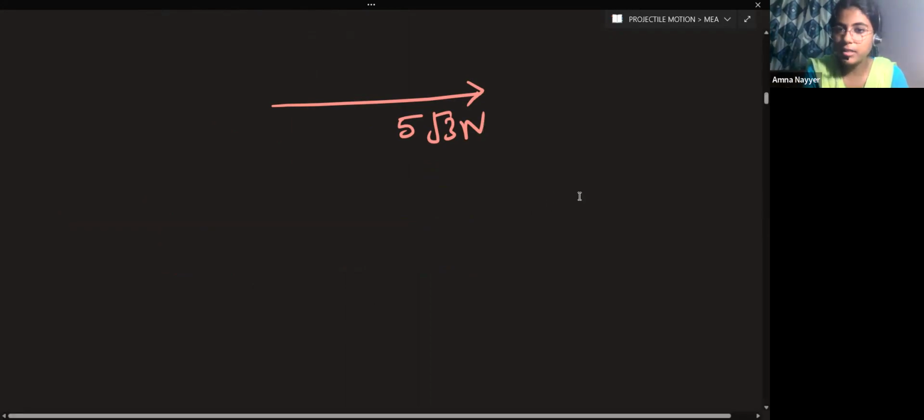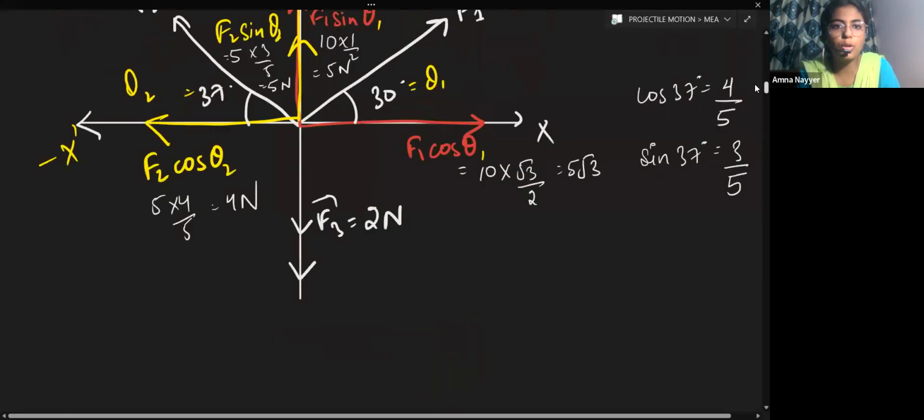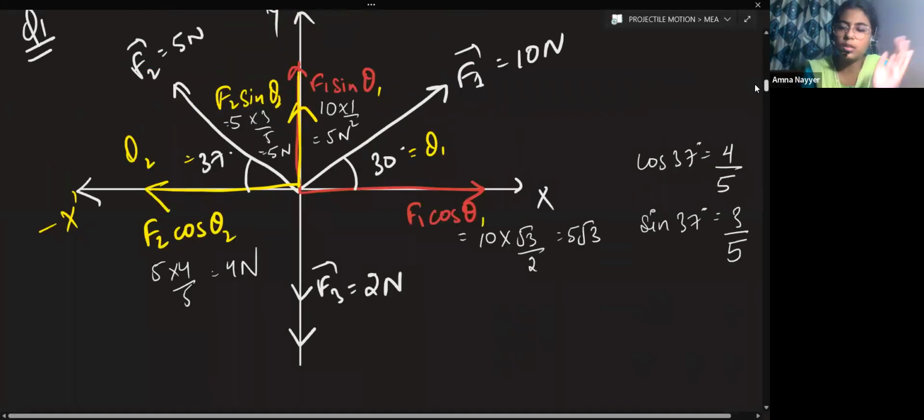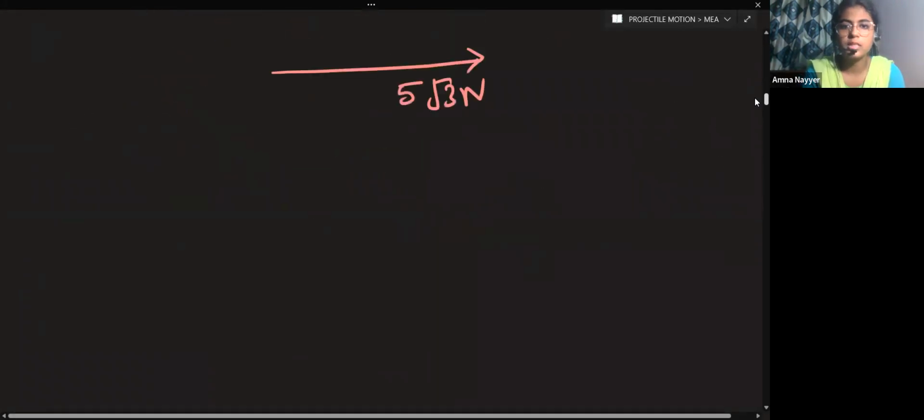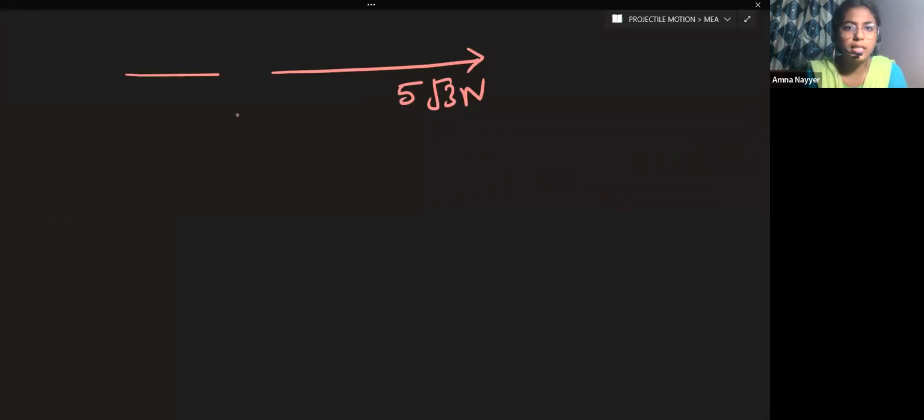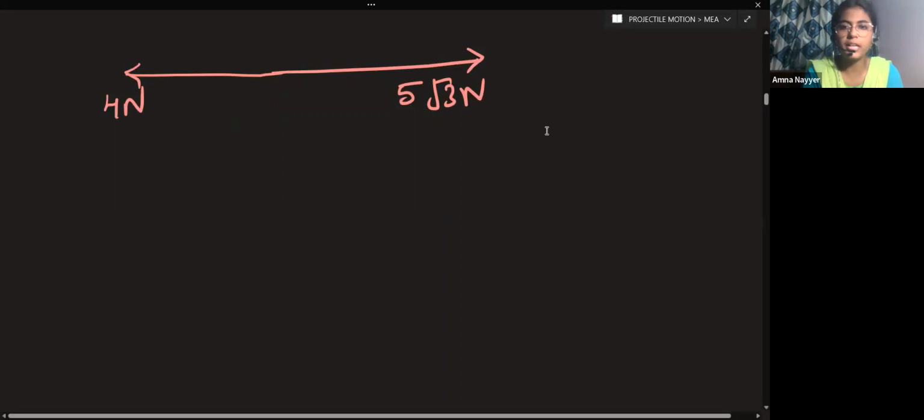Clear? On the negative X-axis, only F2 cos theta 2 is there, that is 4 Newton.